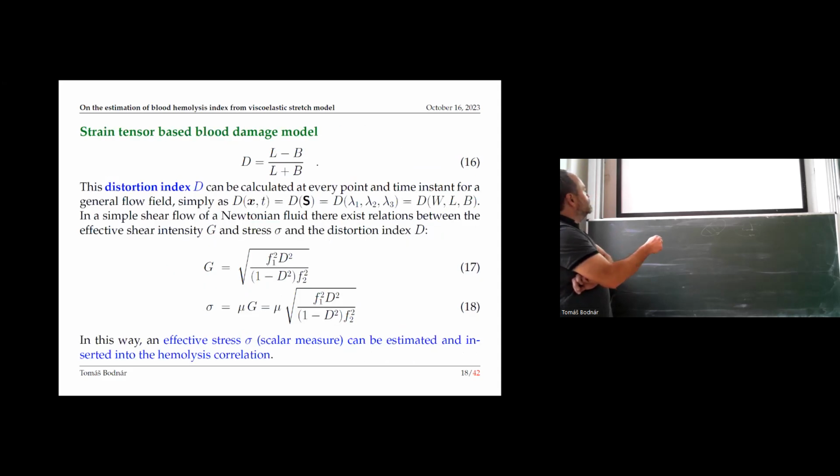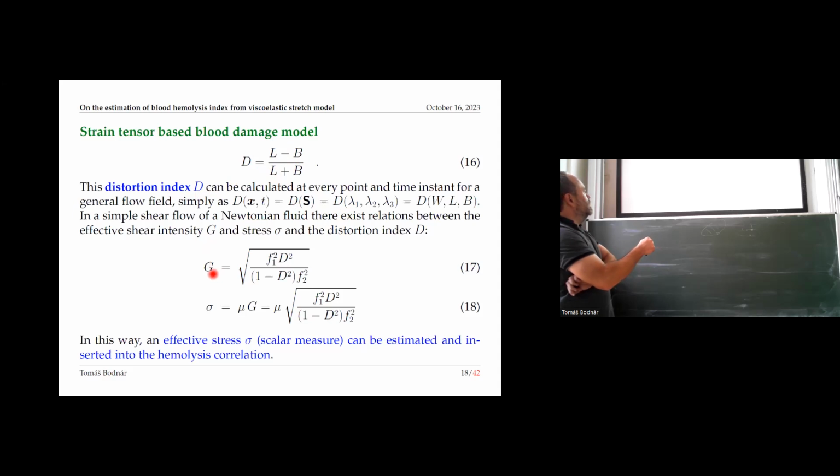And then they proceed in this way. They define the distortion index, which is just using the semi-axes of the new ellipsoid, the shortest and biggest. And from this, you will define this one. Again, evidently for the sphere, you will get this to be equal to 0. So it's no problem. But again, you can calculate it explicitly.